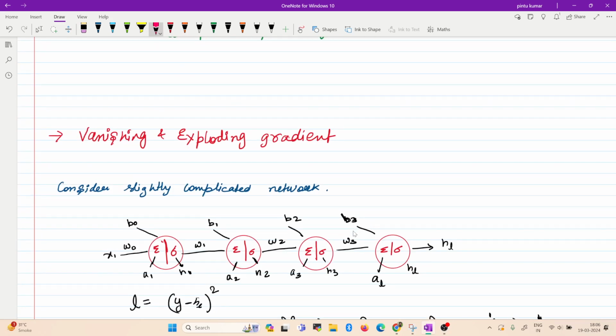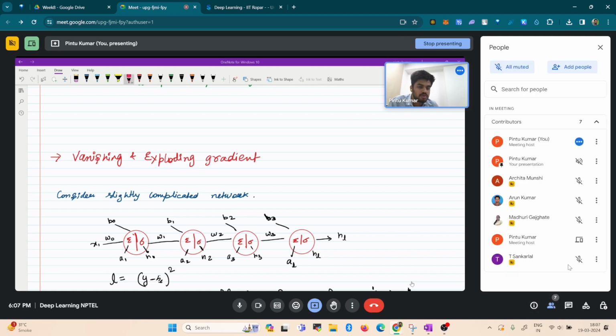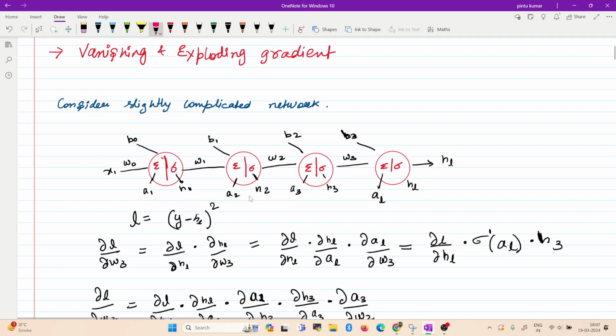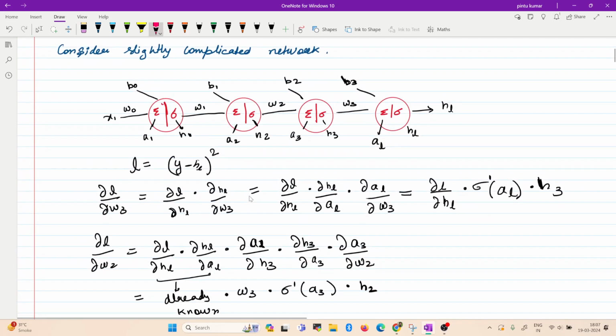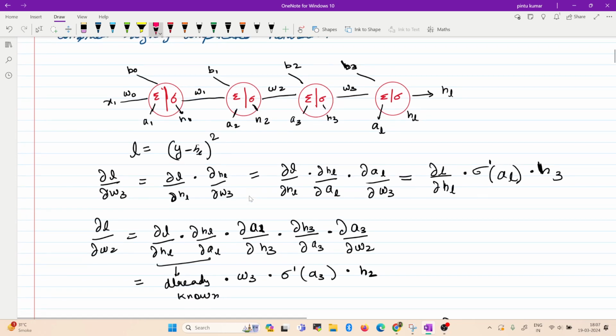Before looking at the vanishing exploding gradient problem, we'll very quickly look at how we calculated the gradient by backpropagation.